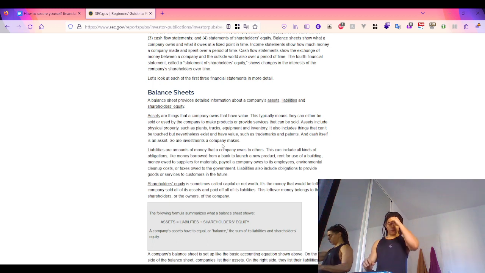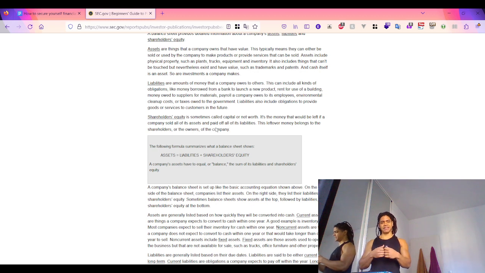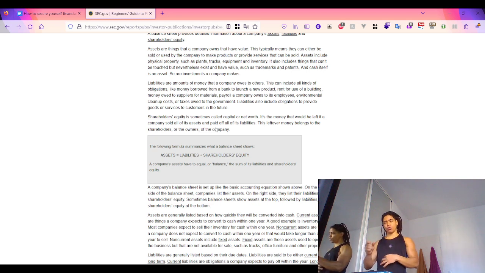And shareholders' equity is the money that would be left over if the company decided to sell off all of its assets and pay off all of its liabilities. The leftover money belongs to the shareholders, or the owners of the company.